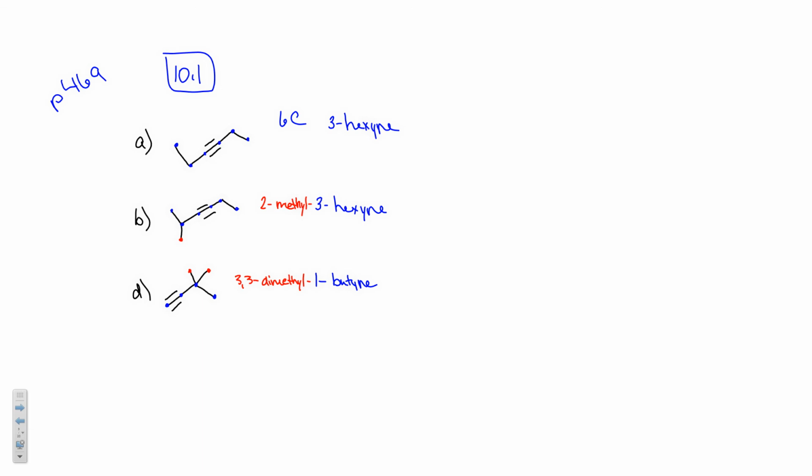There are 2 types of alkynes here. This is an internal, meaning the alkyne is sandwiched between 2 other carbons. So this is internal. This one is terminal. A terminal alkyne is at the end of the chain. It has a hydrogen out here. Guess what?